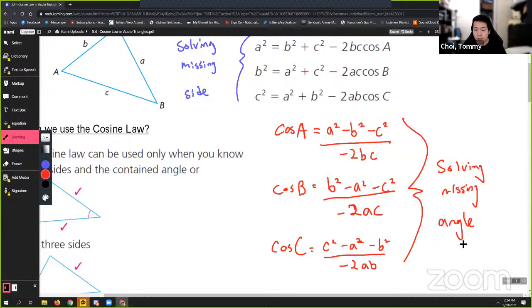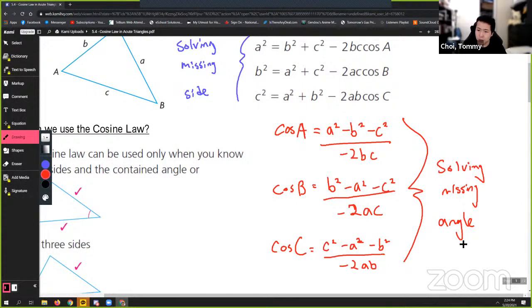It gets complicated. So to me, when I say I use cosine law last, most times when I start looking at a trig problem, I don't even think about cosine law unless I really have to. At least that's how I've done it in high school. That's how I kind of coped with it.